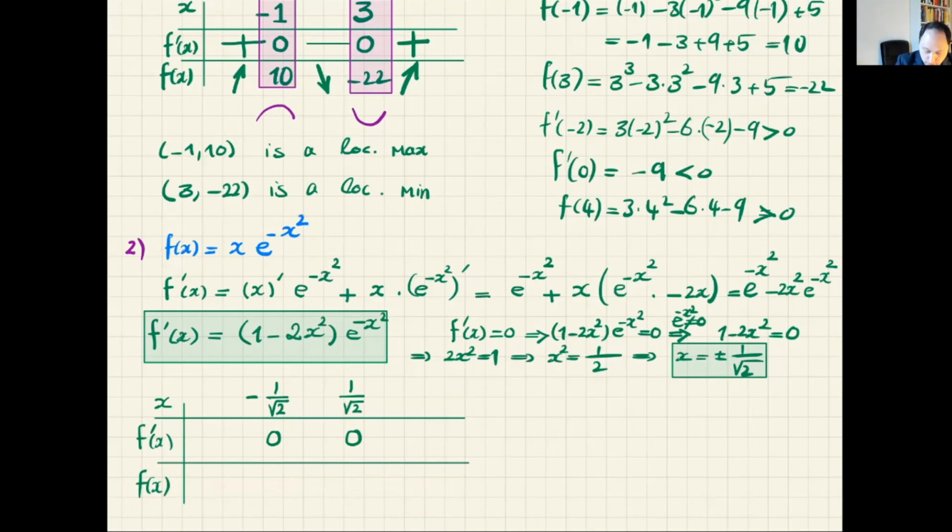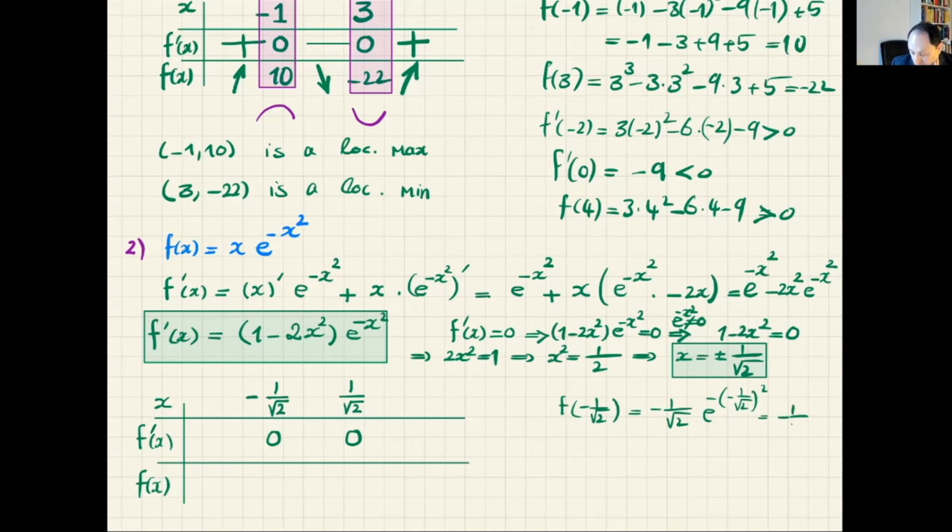So for example, I can go here in the margin and calculate what this is. It becomes minus 1 over the square root of 2. I am replacing x with this number. And then I have e to the power minus the square root of 2 to the power 2. So this becomes how much?